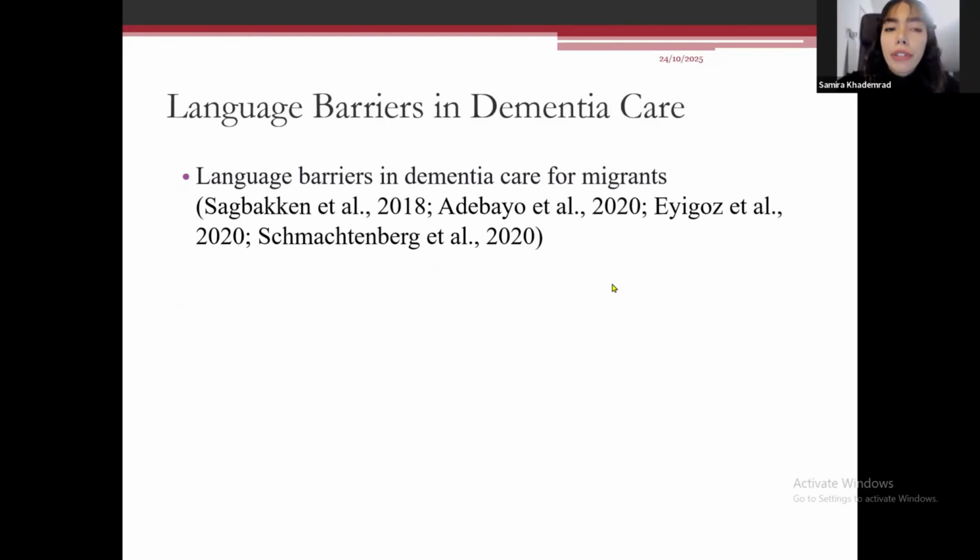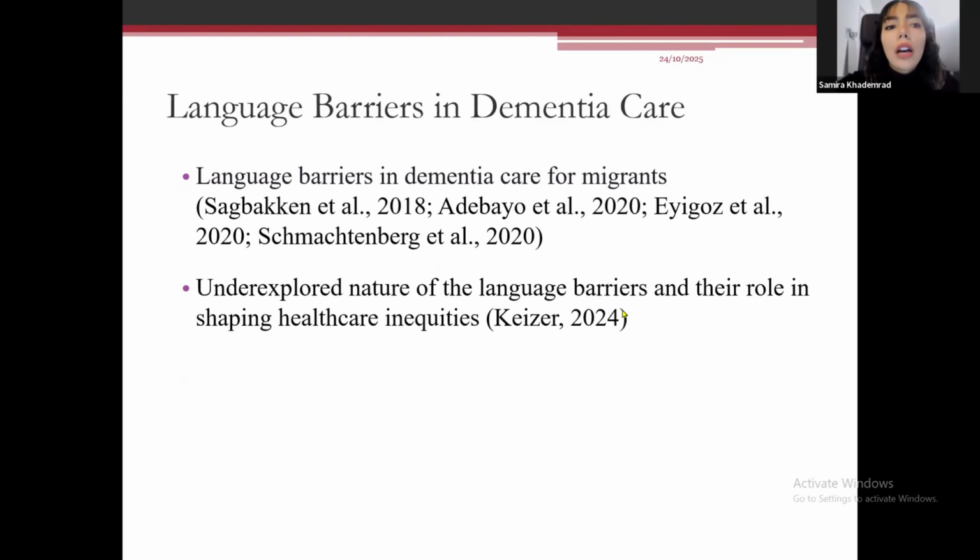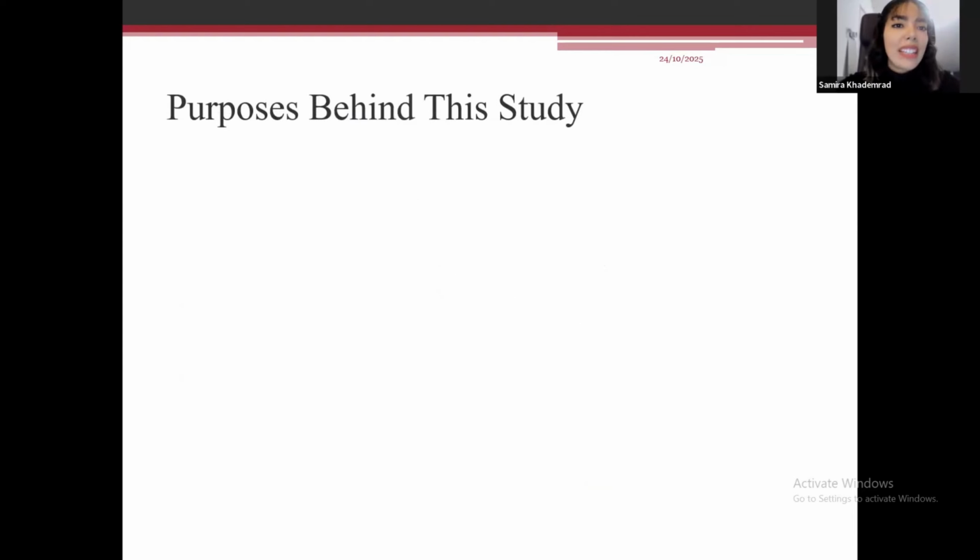Numerous studies confirm the existence of language barriers in dementia care, but as observed by Kaiser, up to date no studies have explored the specific nature of these language barriers and their role in shaping healthcare experiences and healthcare inequities.